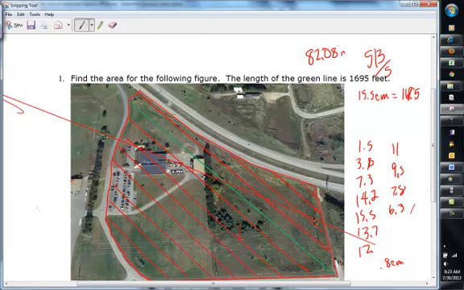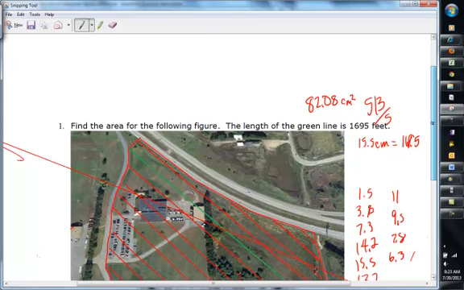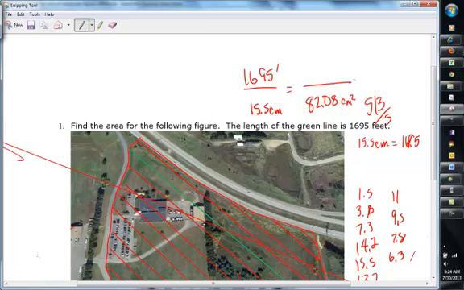That's centimeters squared, okay? Well, we know that 15.5 centimeters is 1,695 feet. So we're going to cross multiply. And the thing is, we need to have these be in similar units.